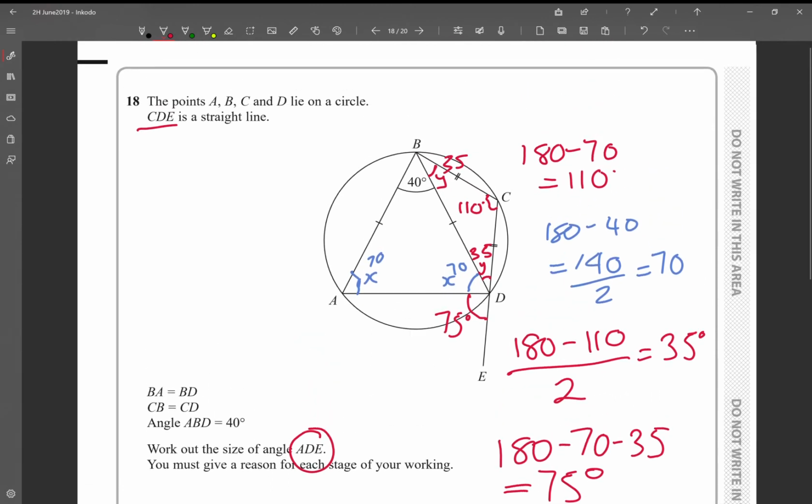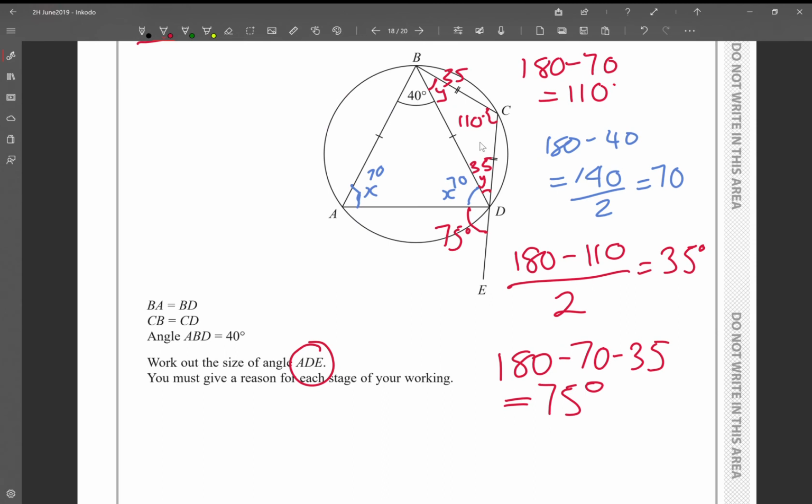So for example, what I would do here: BAD equals BDA, because it's an isosceles triangle.